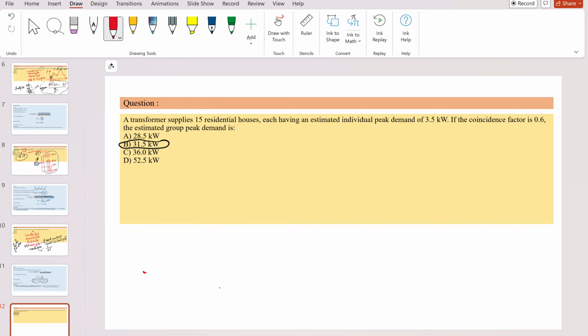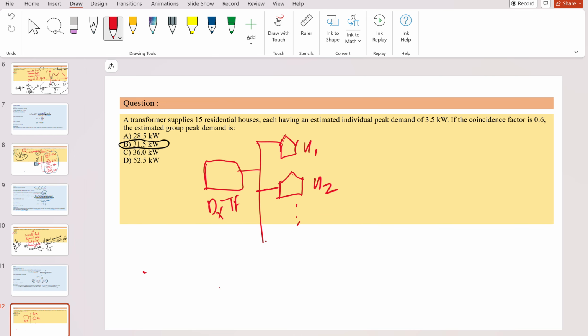Here, it is given that a distribution transformer is supplying 15 residential houses. Suppose this is house one, then house two, and so on up to 15 houses supplied from this particular feeder.